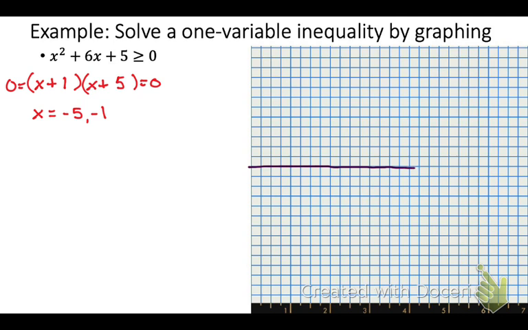Okay, so I give myself an x-axis and a y-axis. My zeros are at negative 5 and negative 1. Now, I could figure out my vertex. It would be at negative 3, but do I really need it?